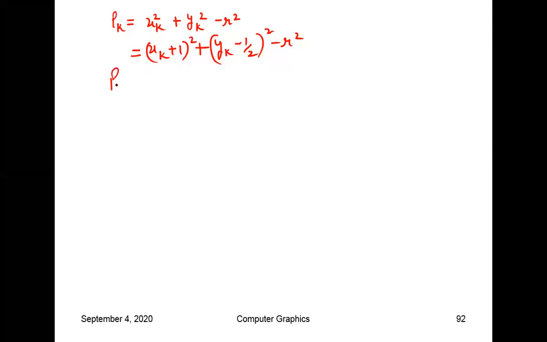Similarly, we can calculate for pk plus 1, the next decision parameter. So the next decision parameter will be, in place of xk, we'll be writing xk plus 1. So xk plus 1 whole square plus yk plus 1 minus 1 by 2 whole square minus r square.